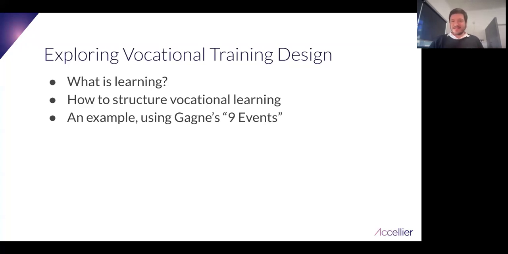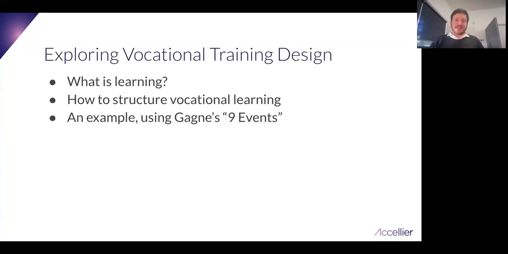There are lots of different structures we can use, but Gagné's 9 events is probably going back to TAE 101 for a lot of you, but hopefully a good refresher. It's one of the good, solid, foundational ways that we could structure a training session, and it's very transferable to different situations.